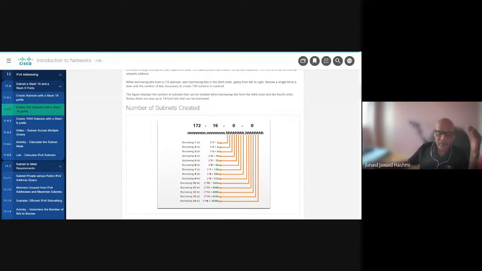Okay, but like I said, the common practice is to borrow the whole 8 bits, create 256 networks with 254 hosts in each network, because you should not have more than 254 hosts in one subnet, because the network will become very slow.